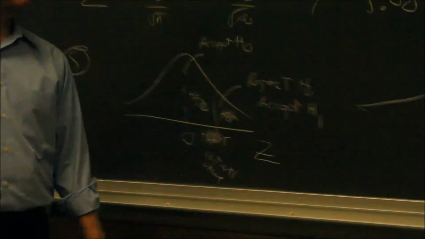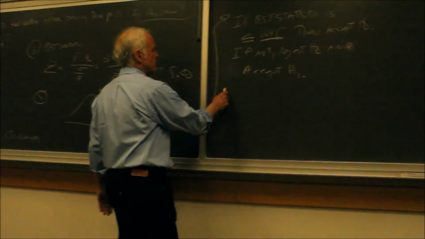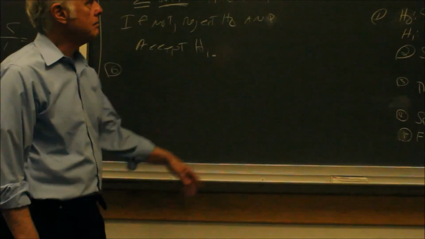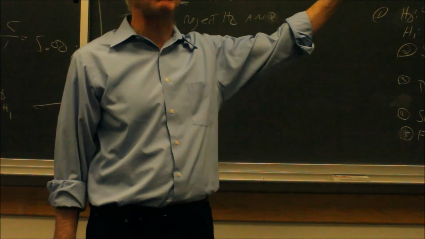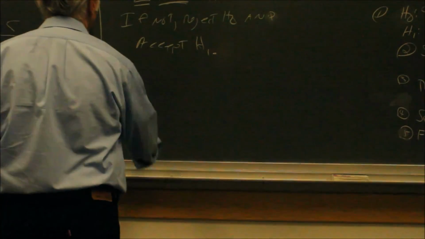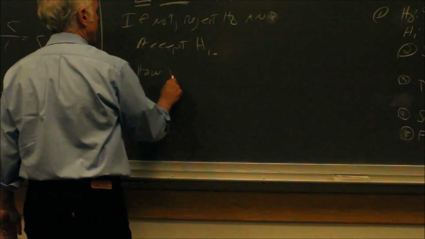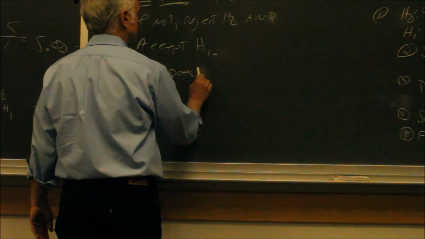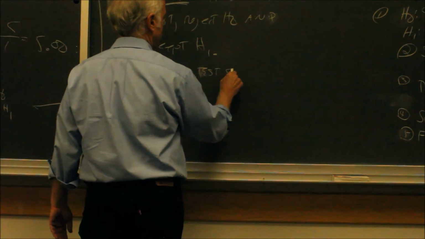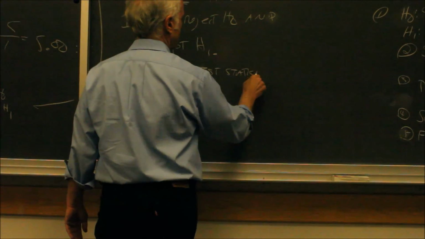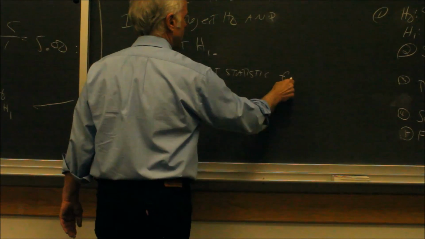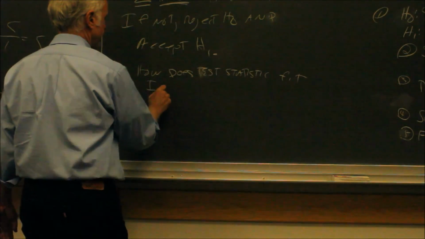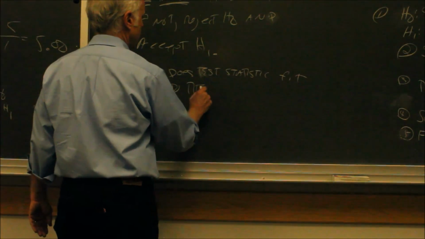Okay. And so, what's the sixth step in the hypothesis test? Oh, there it is up there. Make the decision about H0. And so basically, what we do is we say, how does the test statistic fit into the decision rule?